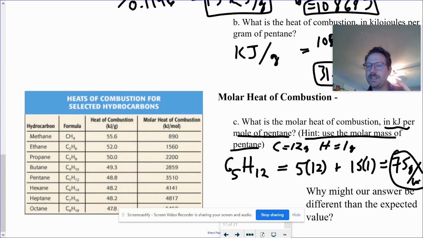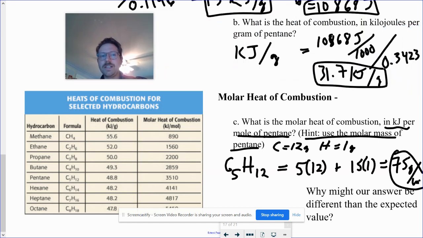Now, it's not my molar heat of combustion. And what I have to do is now convert this into a molar heat of combustion. And the way that I do that is by taking my amount of grams and multiplying it by the heat of combustion.